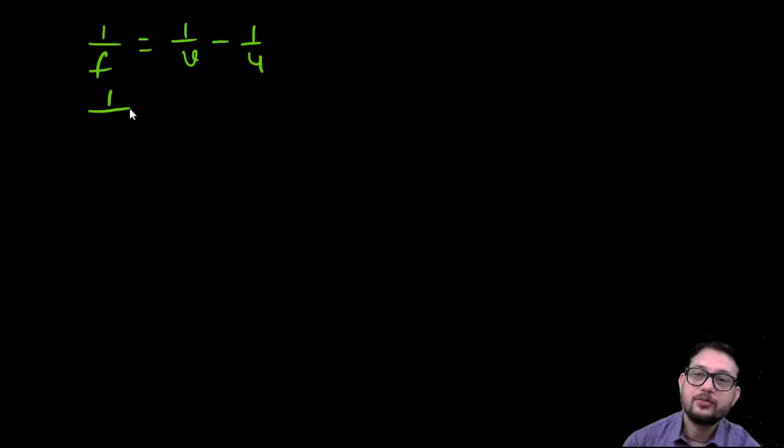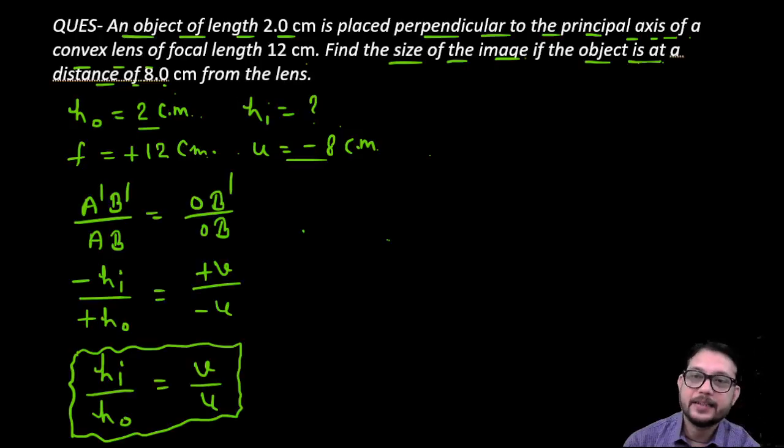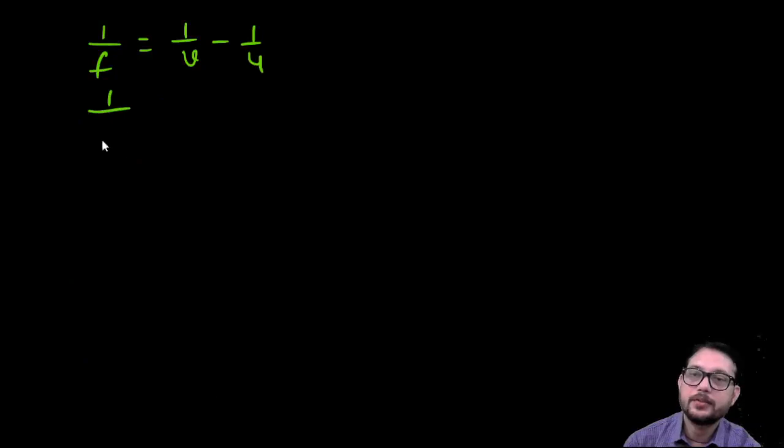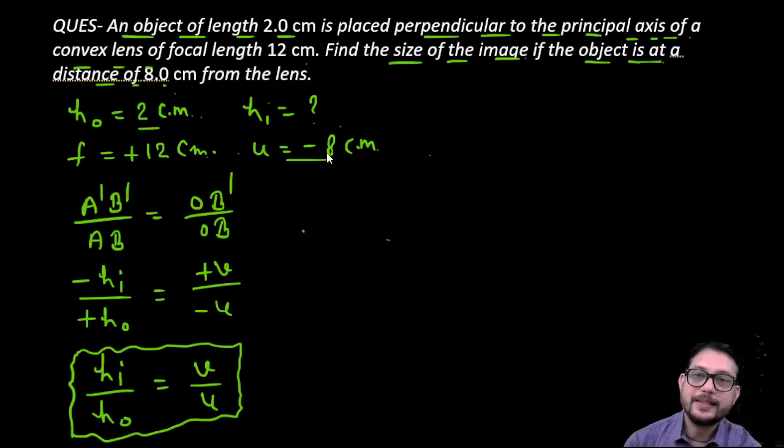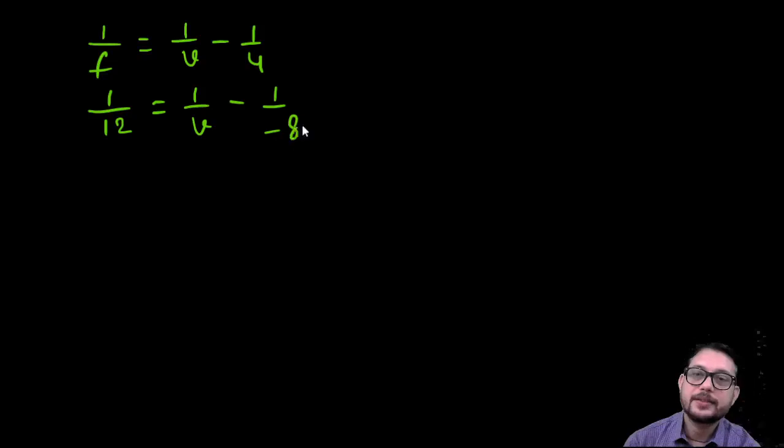Now, the lens formula: 1 upon f equals 1 upon v minus 1 upon u. Now place the values. F is given as 12 centimeters, so it is 1 upon 12, equal to 1 upon v minus 1 upon u, and u is minus 8 centimeters. So 1 by 12 equals 1 upon v, minus minus, that is plus 1 by 8.